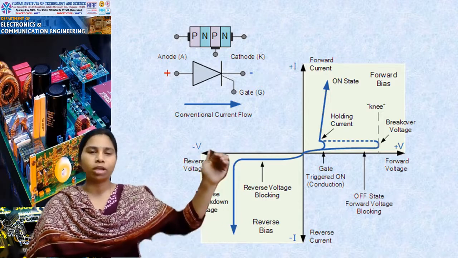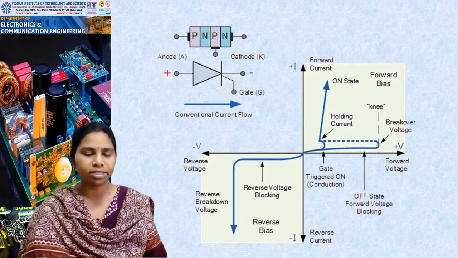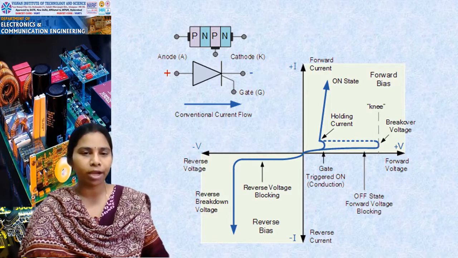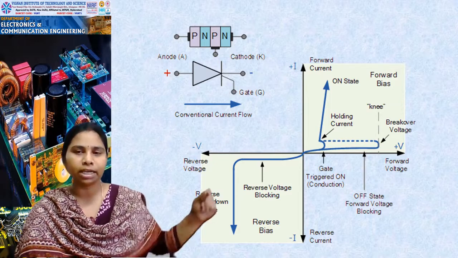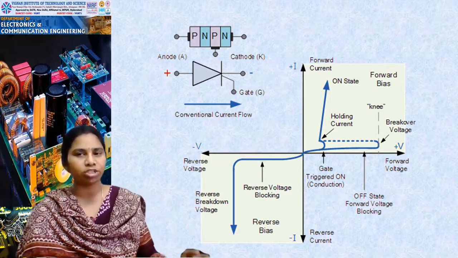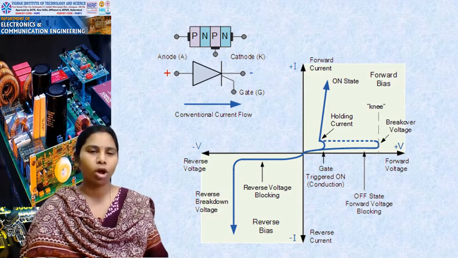In the forward blocking mode, though you have applied a positive anode voltage, the current is very small until breakover voltage. Once it reaches breakover voltage, at that particular knee voltage, you see a sudden increase of current and it turns the SCR from off state to on state.